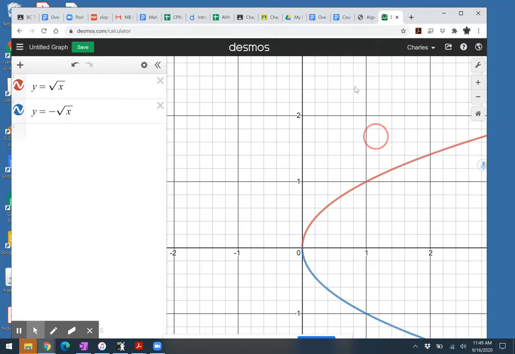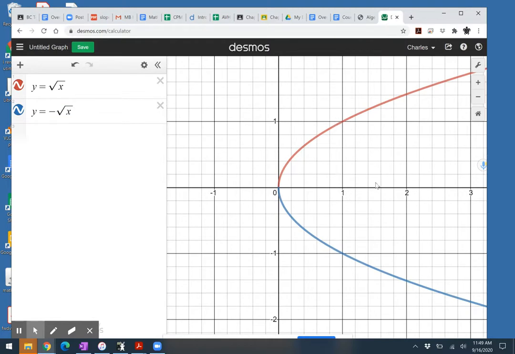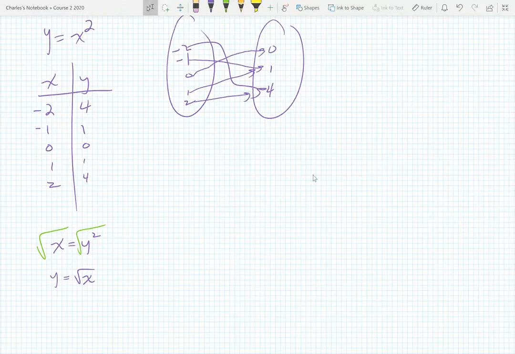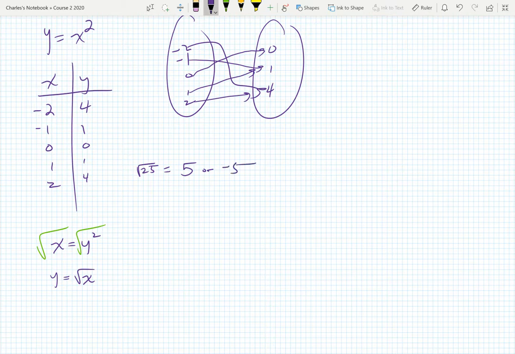So you sort of should think of the inverse function looking like this, but we've already made the domain restriction. We've just done it so many times, we've gotten used to doing that. But if you remember, if I say square root of 25, a lot of people do just put 5, but technically the answer to the square root of 25 is 5 or negative 5.